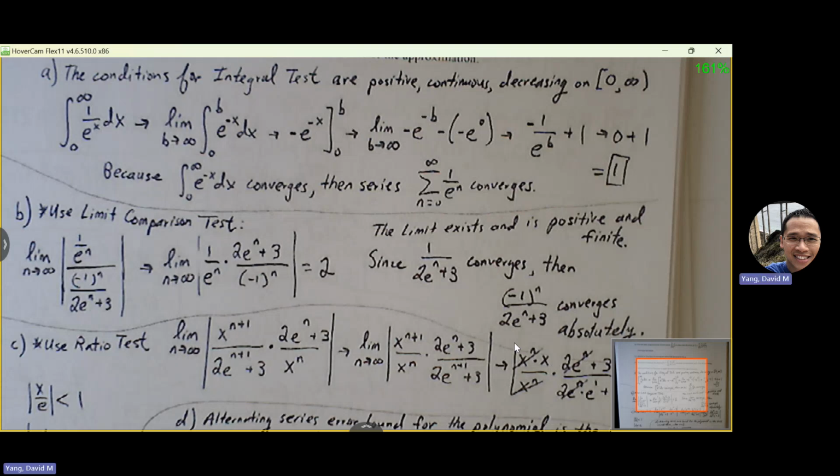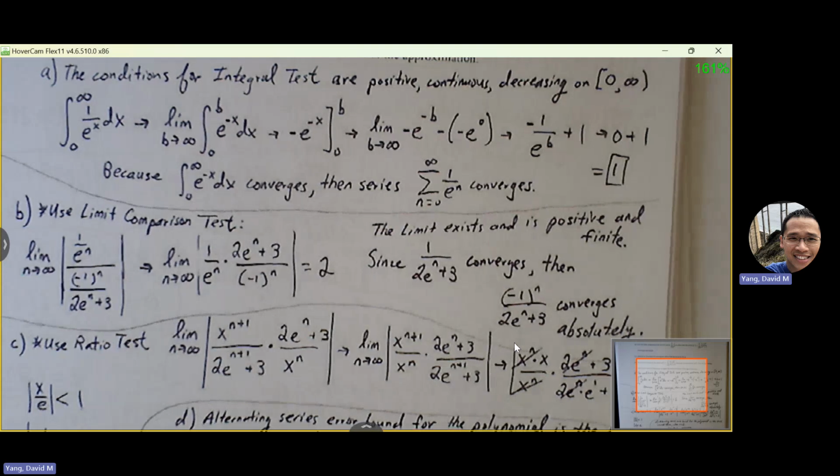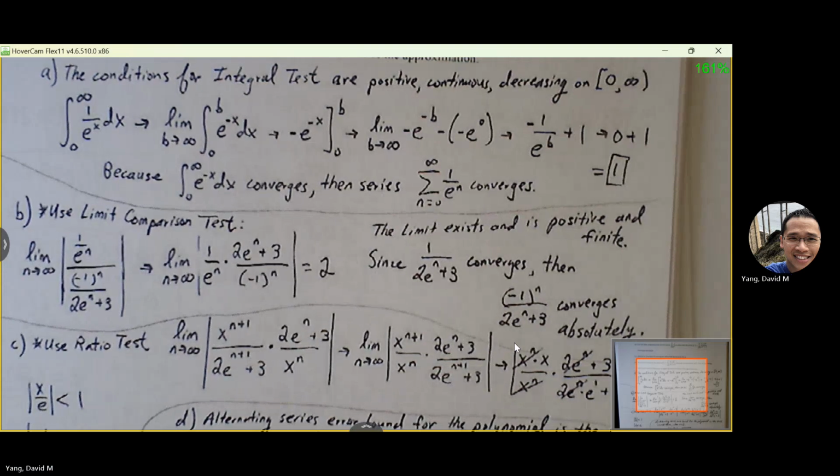You have to put the 0 to infinity, or you're saying positive, continuous, decreasing like the statement at the top. Yeah, we should include that final statement, 0 to infinity, just to be safe.